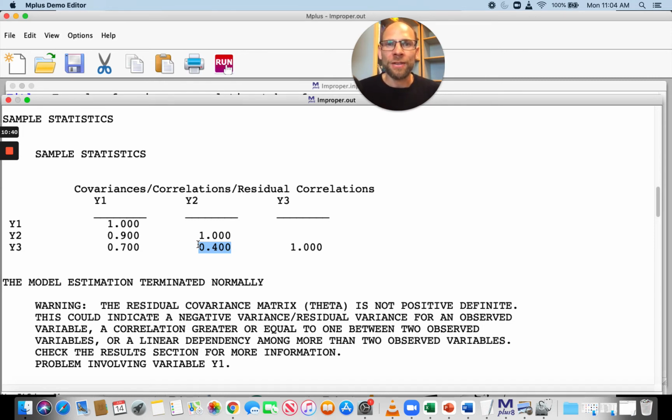If you square 0.4, you don't have a lot of explained variance. You only have 16% explained variance. The correlation squared would be the variance that they share, and that would be 0.16 in that case. And so 16% common variance is not a lot. So then does it make sense to assume that y2 and y3 measure the same factor? I wouldn't think so.